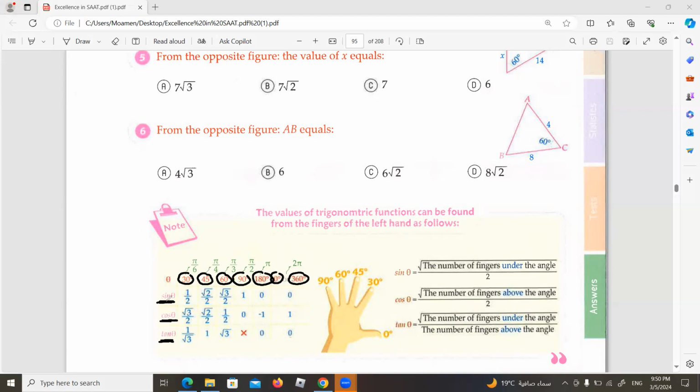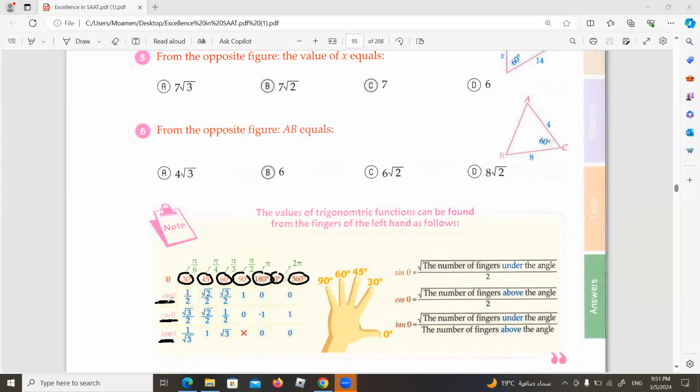Pay attention. If I said sine 30, it's half. Sine 45, root 2 over 2. Sine 60, it's root 3 over 2. Sine 90, it's 1. Sine 180, it's 0. Sine 0 is 0.